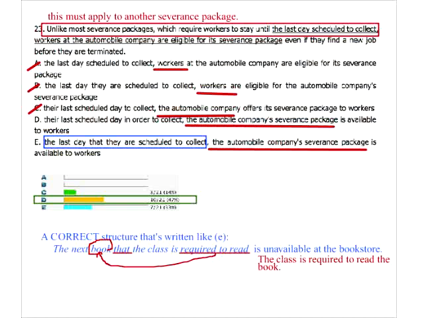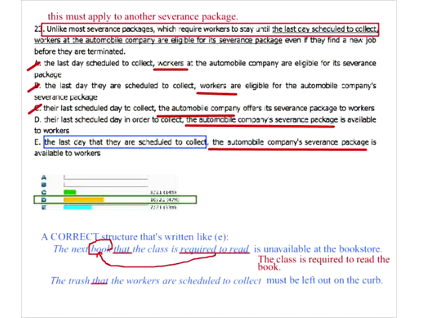Same thing, if you want to use the word collect, then you can say the trash that the collectors, that the workers are scheduled to collect must be left out on the curb. So again, this works.